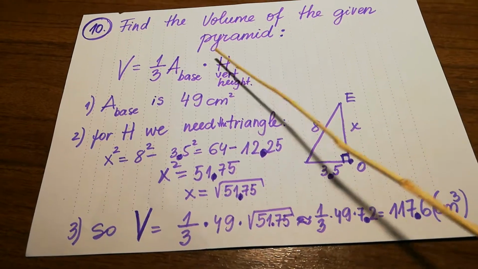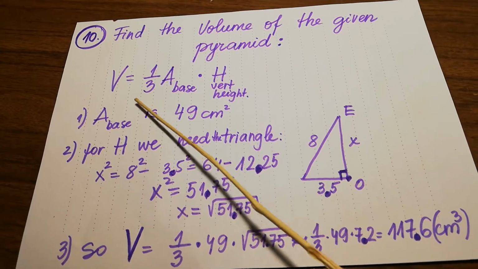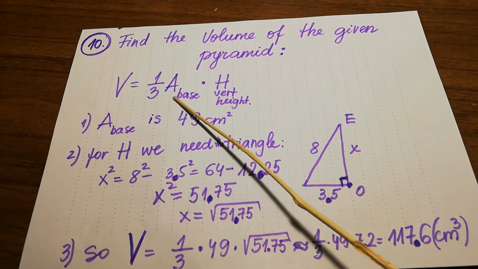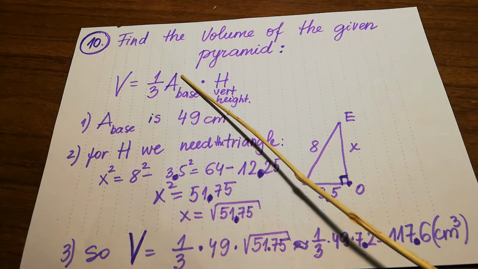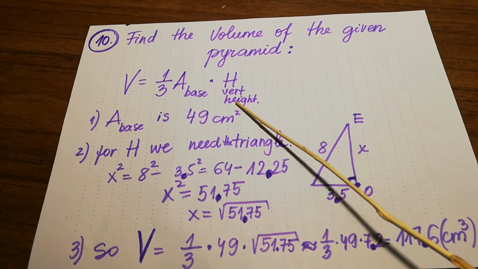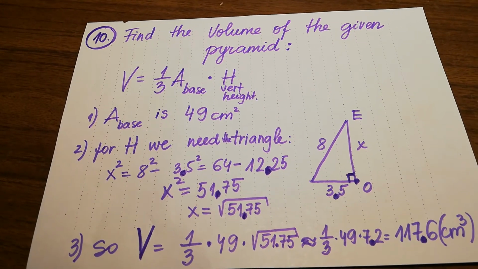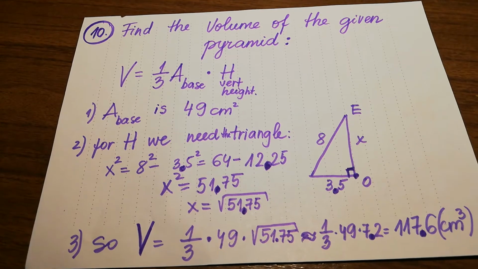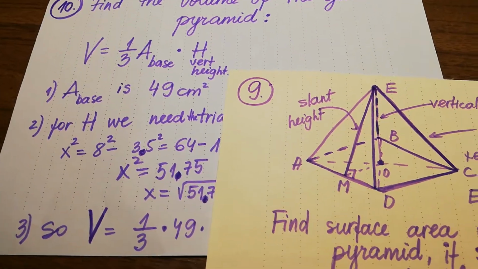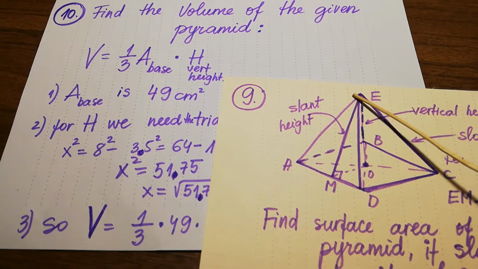We have to find also the volume of the given pyramid. And the formula for volume is 1/3 of the base area multiplied with the vertical height. So the vertical height, seen before in the pyramid, is EO.